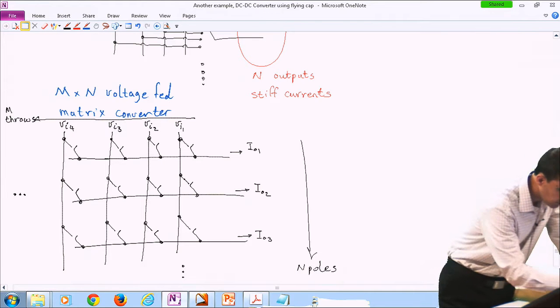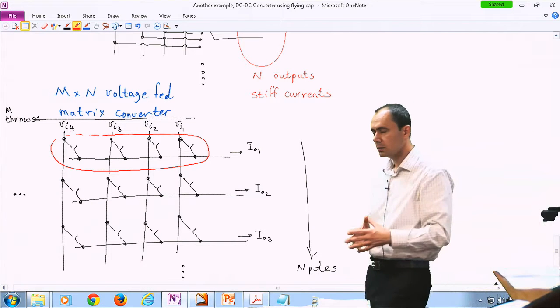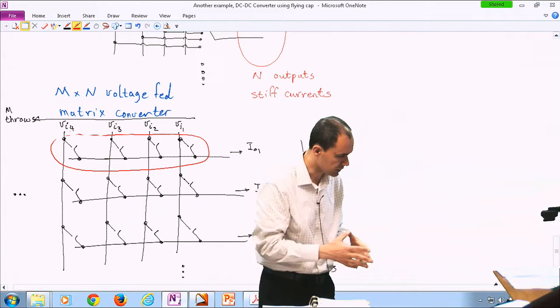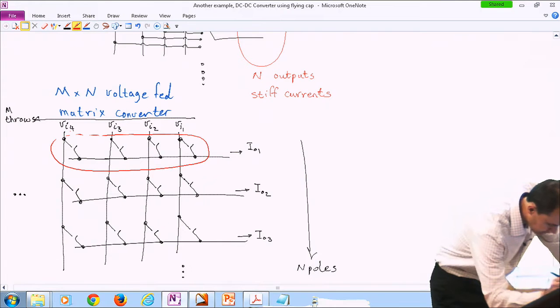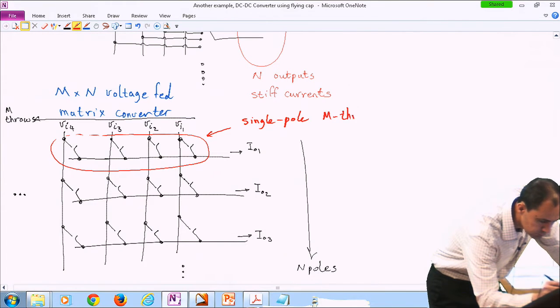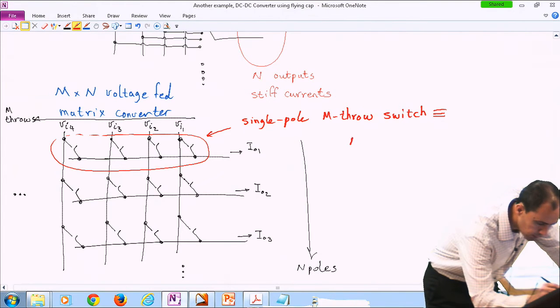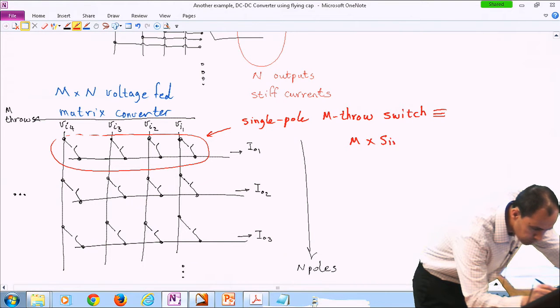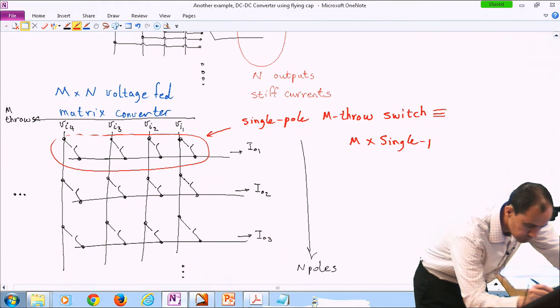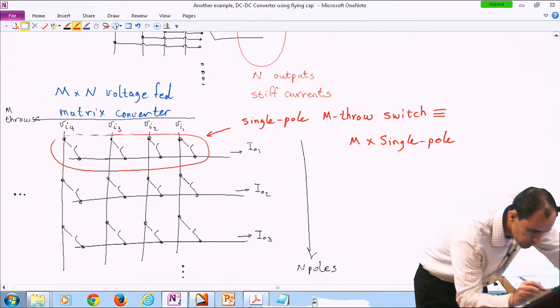Now remember these switches over here, these M single pole, single throw switches that I have here, collectively they form a single pole M throw switch, which is equivalent to M single pole, single throw switches.